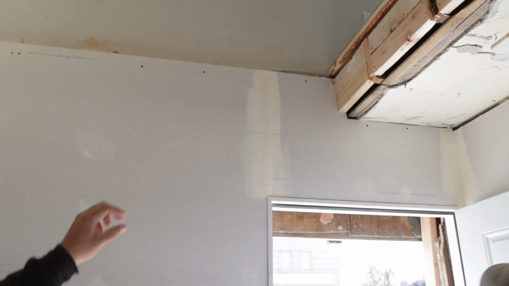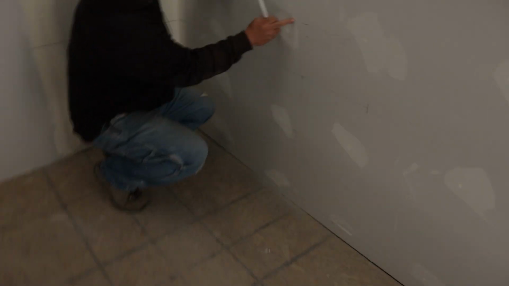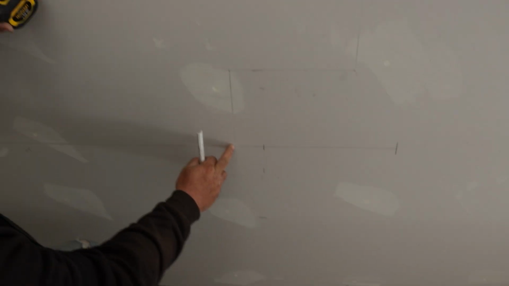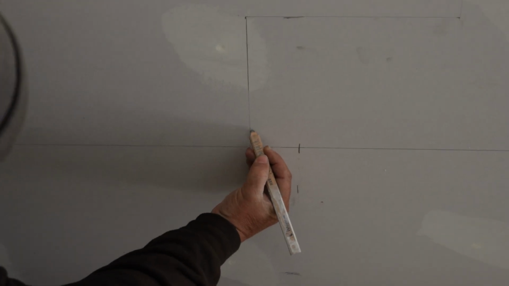So this will actually be the thickness of the tread lower. So what I've drawn out here is the actual finished step. And what we'll do is drop this right here. So instead of having 7 3/4 or 7 5/8 on this rise, we're actually going to minus the thickness of the tread, which is an inch and an eighth.